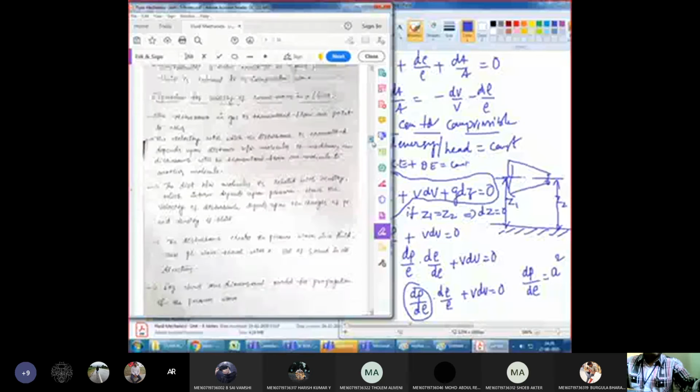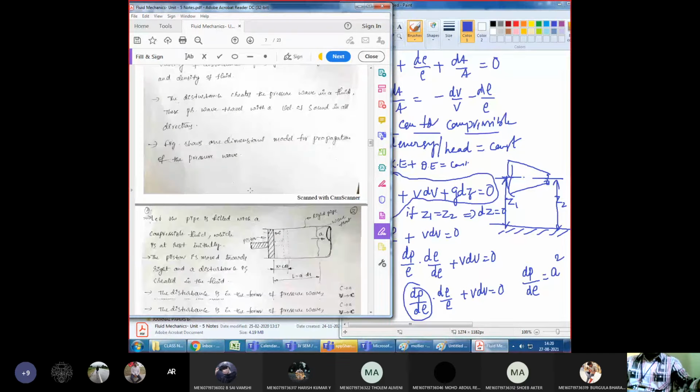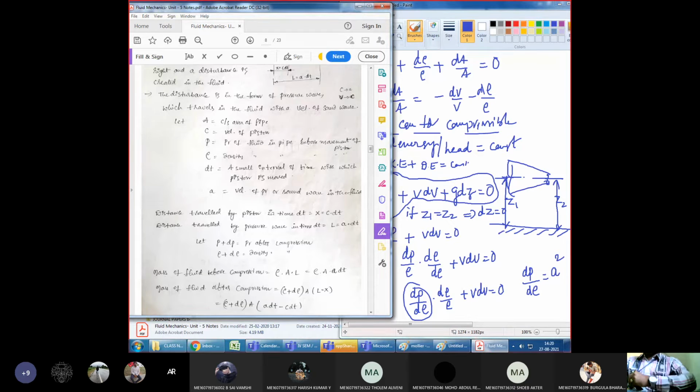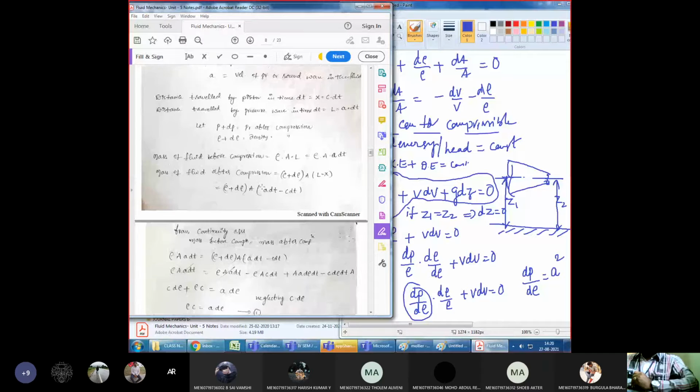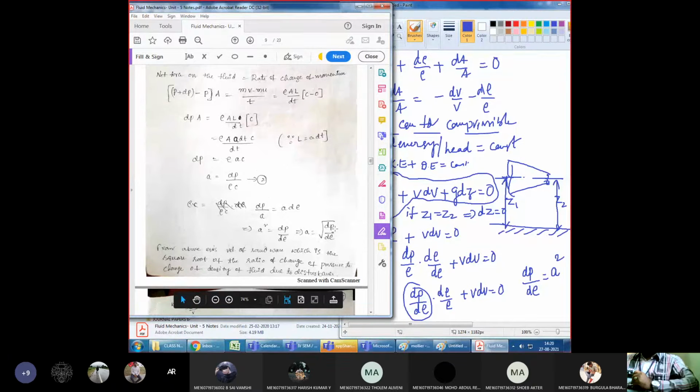This is the derivation. This is the expression for the velocity of sound wave in a compressible fluid, where A is the velocity of the sound wave and C is the velocity of the piston. Now if you derive, at the end we get A equal to under root dp by d rho, or a square equal to dp by d rho, where a is the velocity of the sound wave.